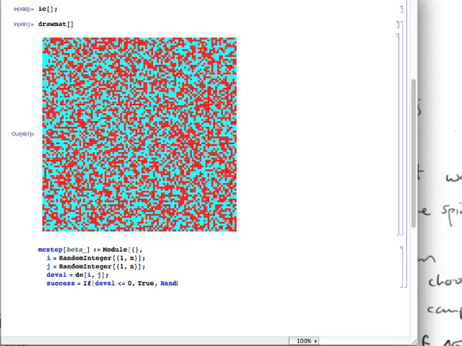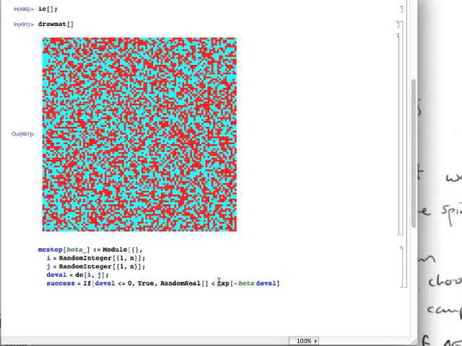delta E. The way that you accept it with probability e to the minus beta delta E is you generate a random real number and you ask whether that random real number is smaller than e to the minus beta delta E. So this term here will evaluate to true or false depending on whether the random real you choose happens to be less than e to the minus beta delta E or not.